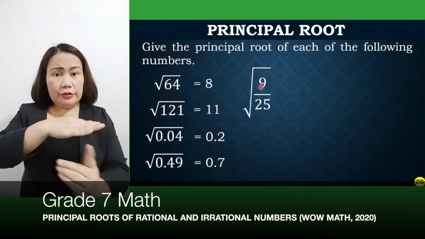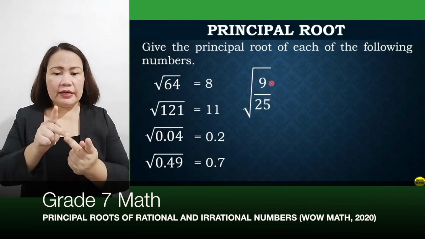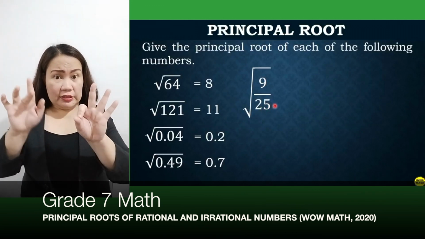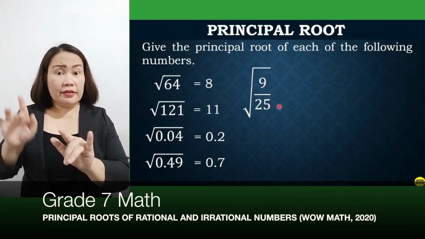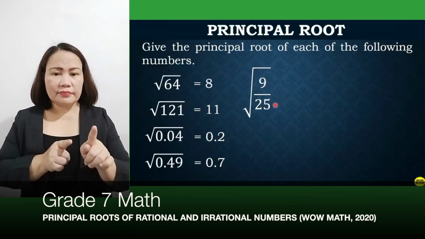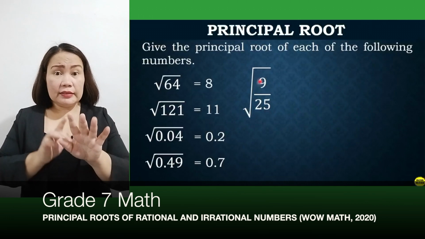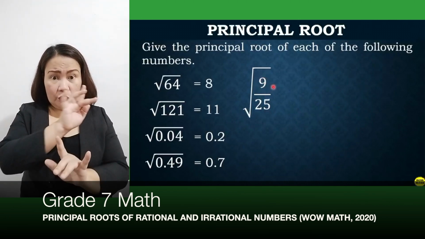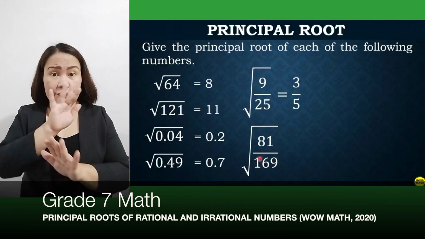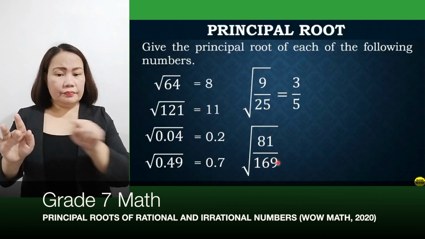So 9 is a perfect square, and that is 3 because 3 times 3 is 9. 25 is also a perfect square, and that is 5 because 5 times 5 is 25. So kung ito ay 3 at ito ay 5, therefore, the square root of 9 over 25 is 3 over 5. Next, I have square root of 81 over 169.